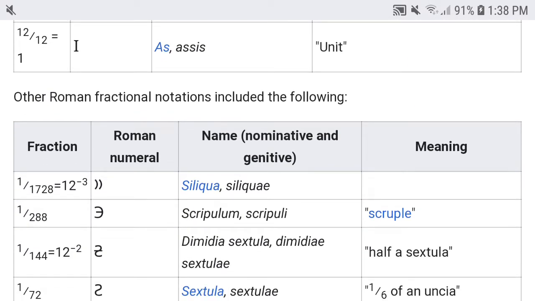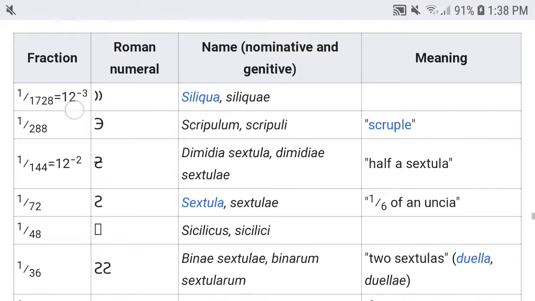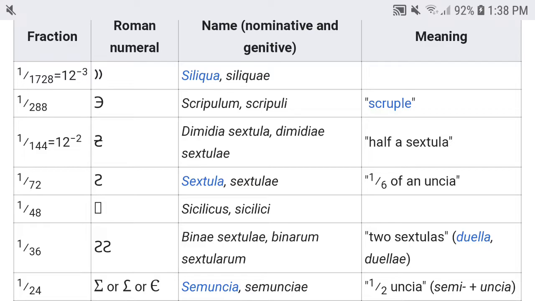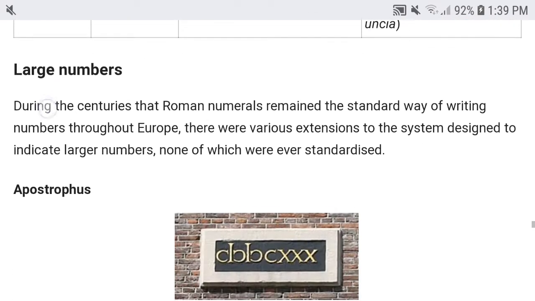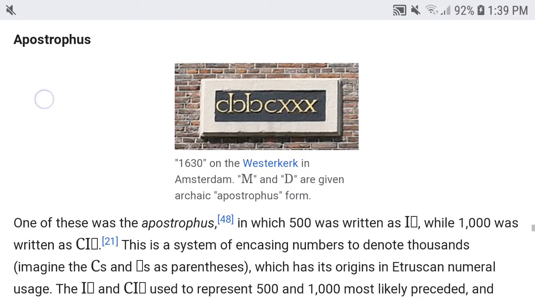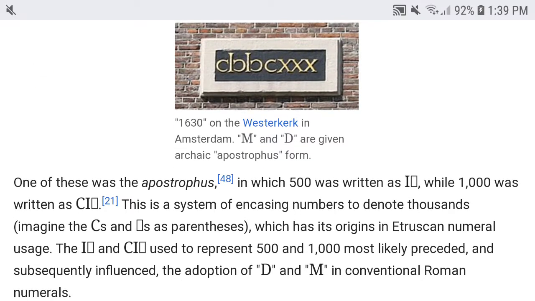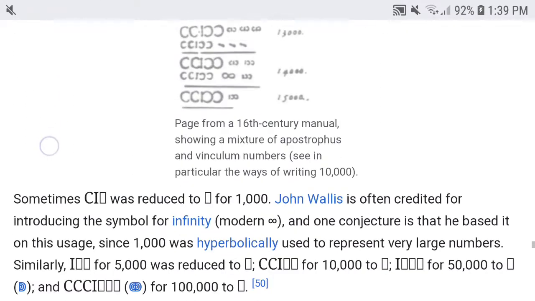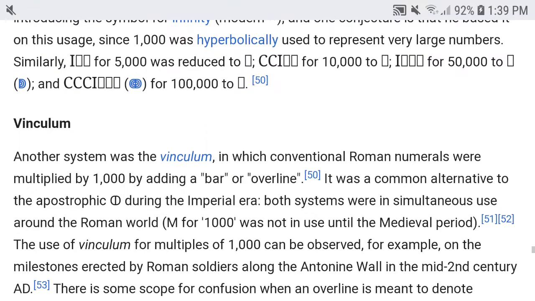Then fractions, Roman numeral. Then what is this again? I'm not entirely sure what this is. Okay, large numbers, apostrophus. I don't understand any of this, but it's basically how it was used back then, right?